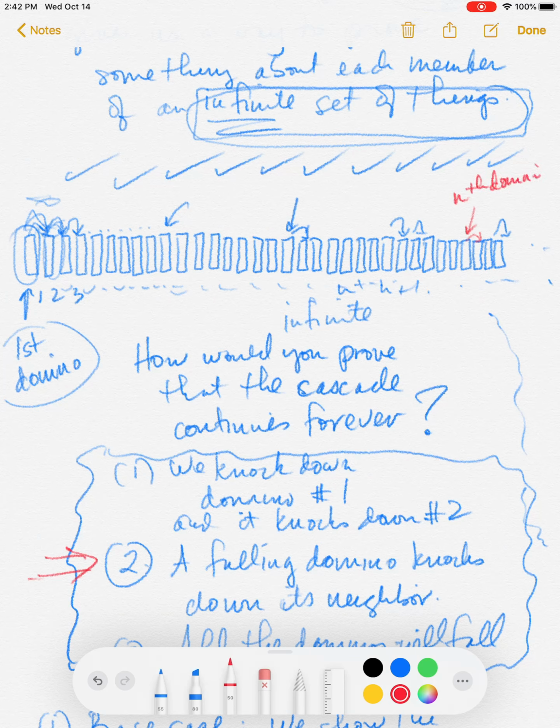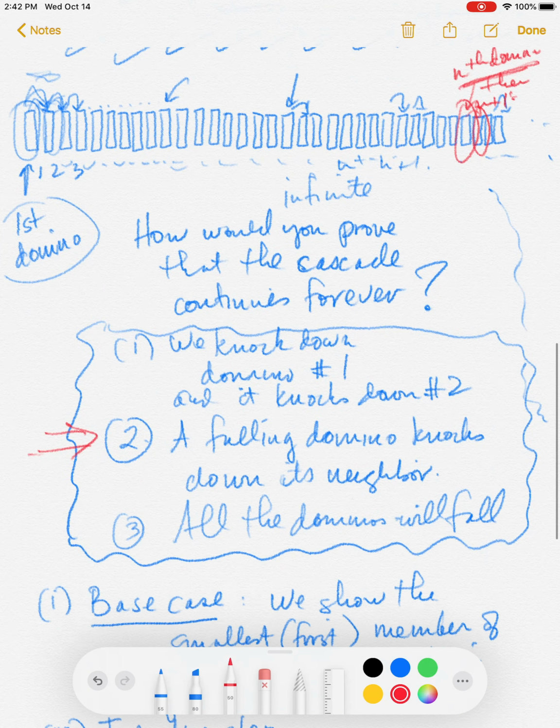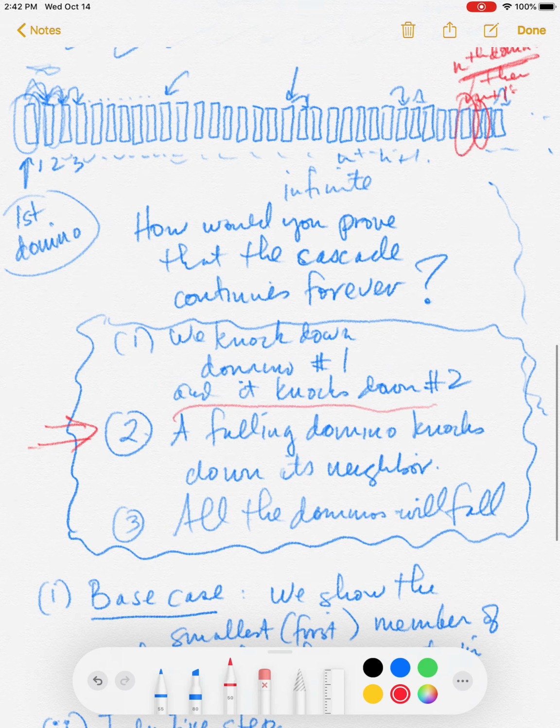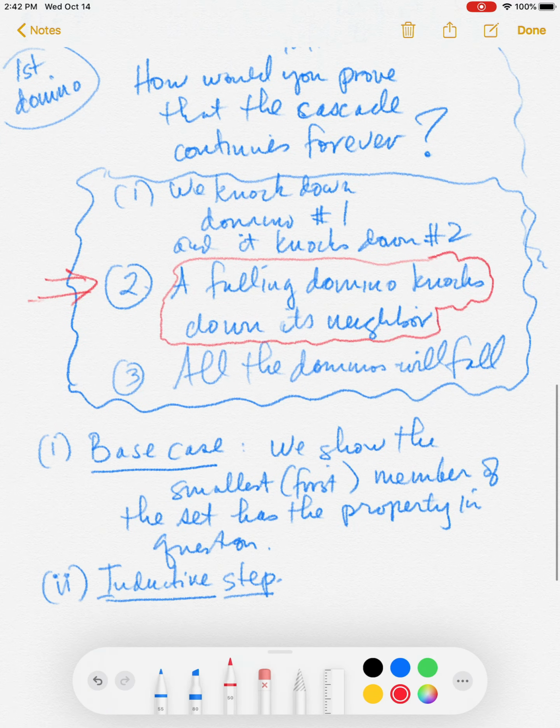If we can show that if the nth domino has the property, namely that he's going to knock down the guy next to him, then the n plus first domino has it, so if this guy has the property, then that guy's got to have the property, namely if this guy knocks down his neighbor, then that guy's going to knock down his neighbor, then we will have shown, in general, that some arbitrarily chosen falling domino is going to knock down his neighbor.